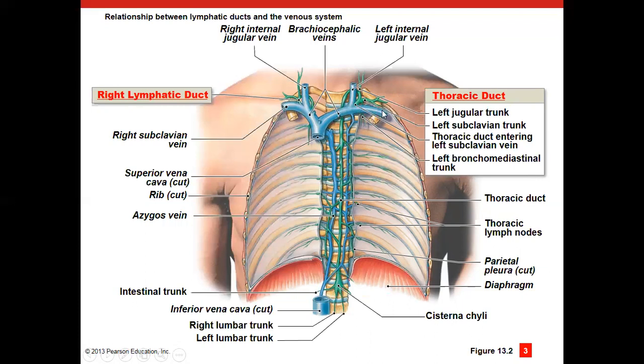And then the subclavian veins merge into the brachiocephalic veins. And those brachiocephalic veins on the right and left side empty into the superior vena cava. So we've got the right subclavian vein, and right there is the right lymphatic duct. Those locations are really important, because that's where all lymph fluid is draining back into the veins, the venous circulation.